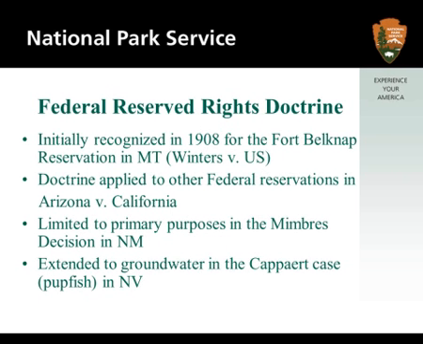California. It was further limited to primary purposes in the decision in United States v. New Mexico, which was a Forest Service case, where the Supreme Court decided that under this implied reservation of water, they meant primary purposes. And for the Forest Service, that meant watershed protection and timber production.